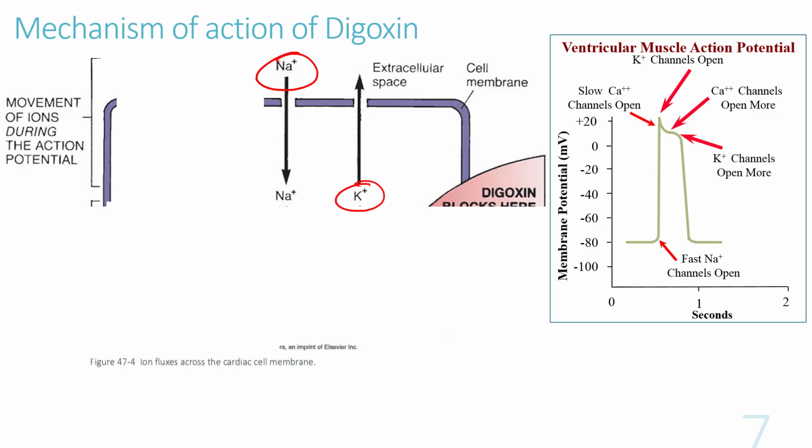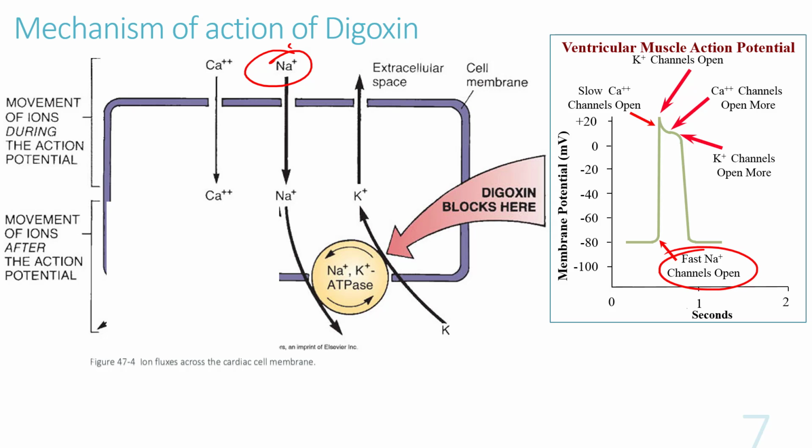Let's go from the start. Sodium goes in, and then calcium also enters, and it's the calcium entering that makes this plateau. I'm just going to number them. At the same time, when the slow calcium channels open, potassium channels also open, and that allows potassium to exit the cell.